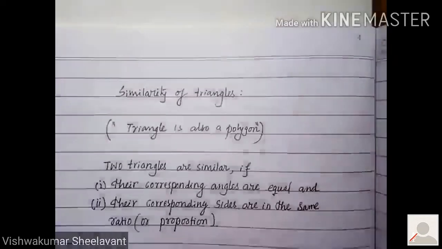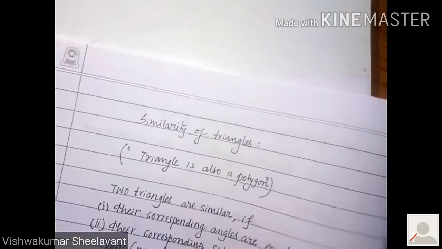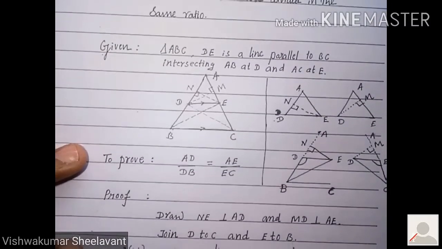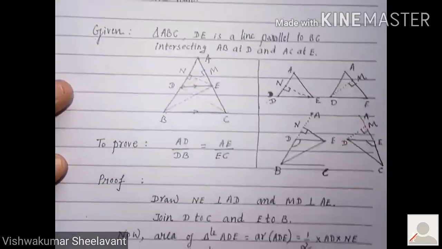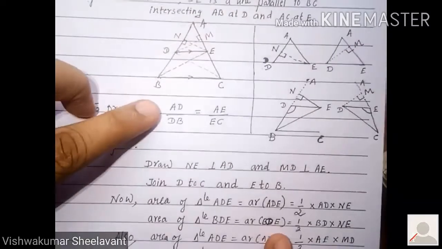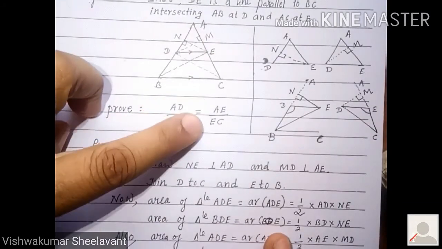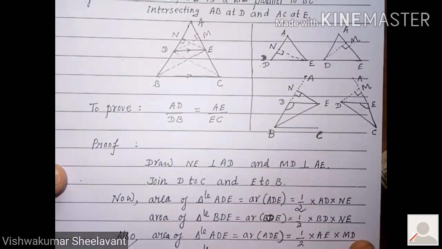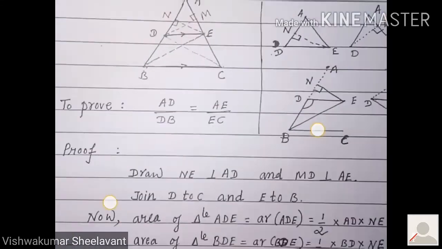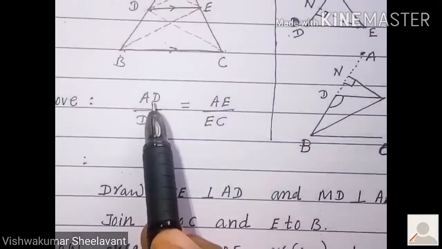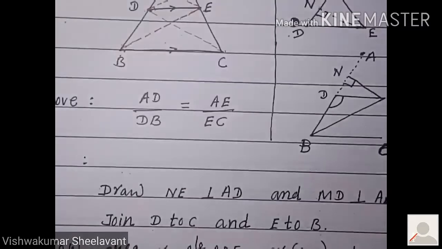Reason is you should concentrate on what we have to prove. Now see here. AD by DB equal to AE by EC I have to prove. Is it right? I have to prove AD by DB equal to AE by EC.